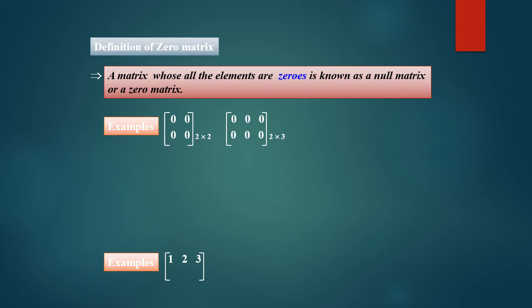Next, we will consider another example, a matrix with elements 1, 2, 3. The order of this matrix is 1 cross 3. Next, a matrix with elements 1, 2, 3, 4, 5. The order of this is 1 cross 5.